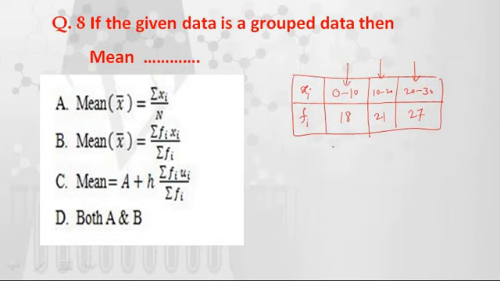So for group data, obviously when class intervals are given, there is one concept of class width. H is class width. Class width is used there for the purpose of calculation, and we can see here H is involved in only one option, that is option number C. Mean is equal to A plus H summation fi ui upon summation fi, where A is the assumed mean, H is the class width, and ui is calculated by using this formula.